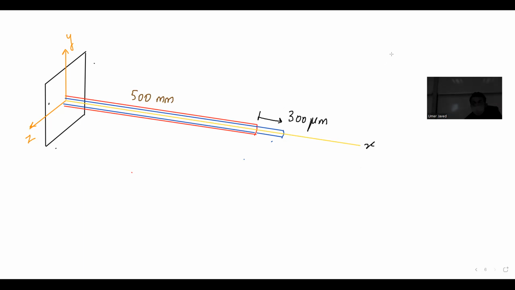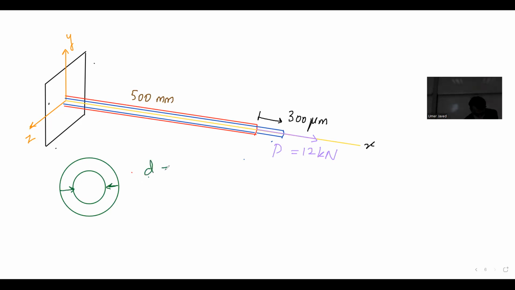Let me use a purple marker. 12 kilonewton is my load. So this is our change in dia.